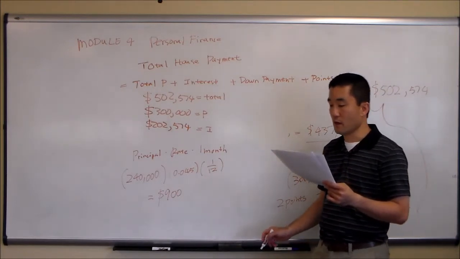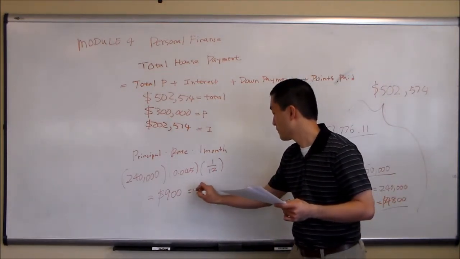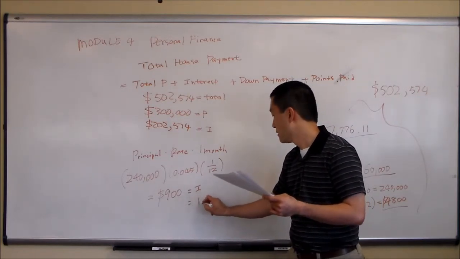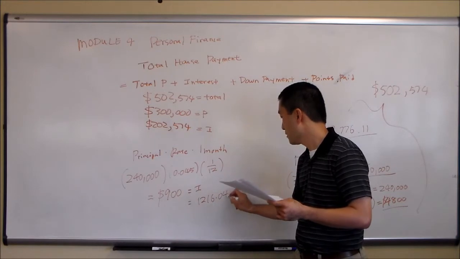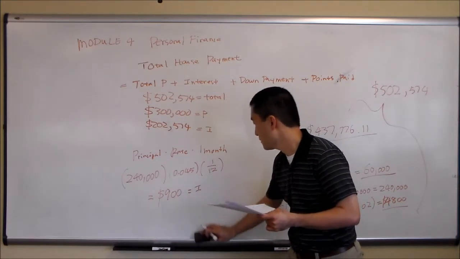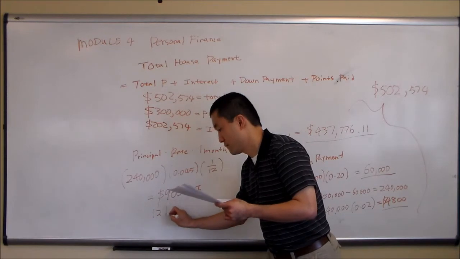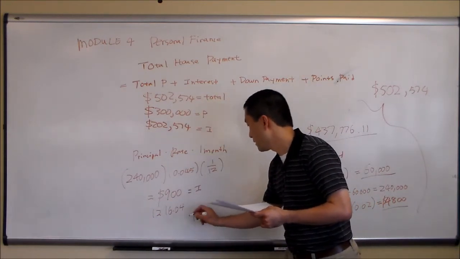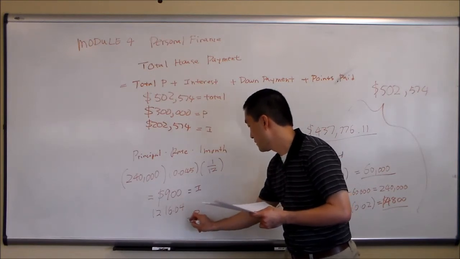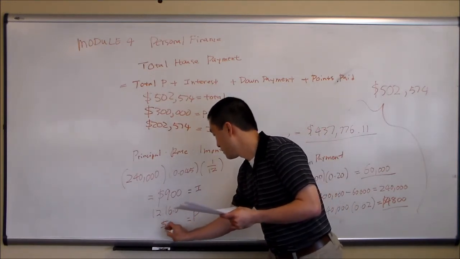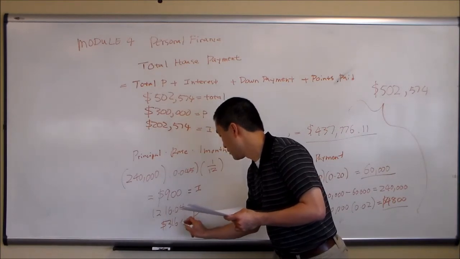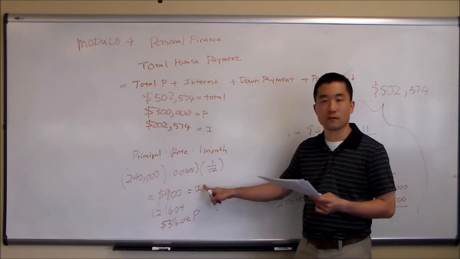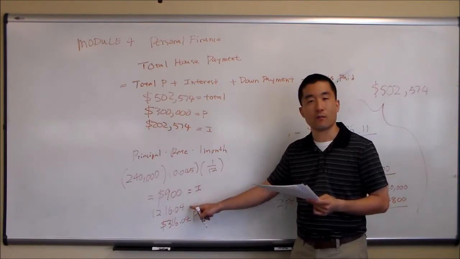So this is the interest. The payment was 1216.04. So the principal will be the difference between this and this, which is going to be 316.04. So that's your principal, that's your interest, which make up the first month payment right here.